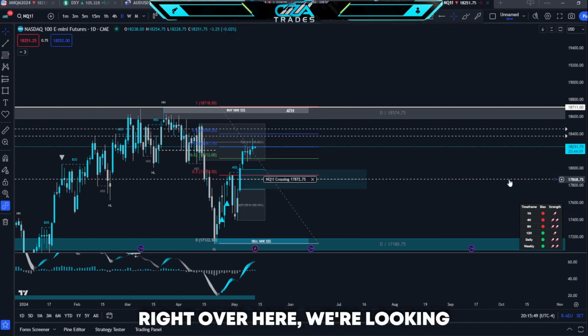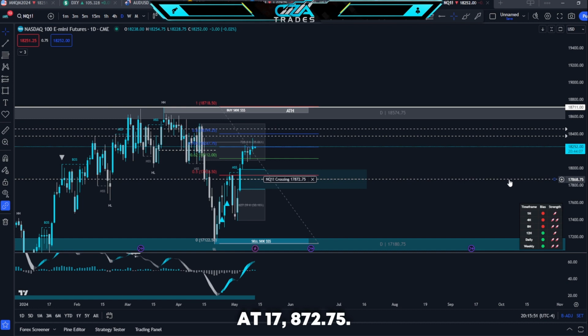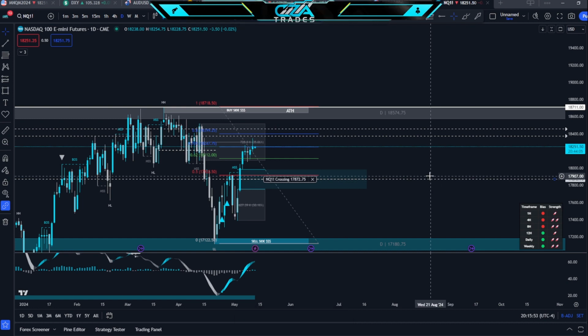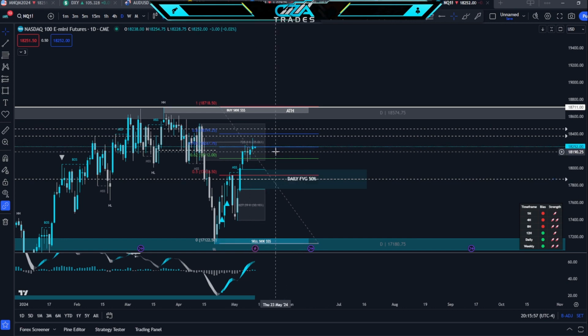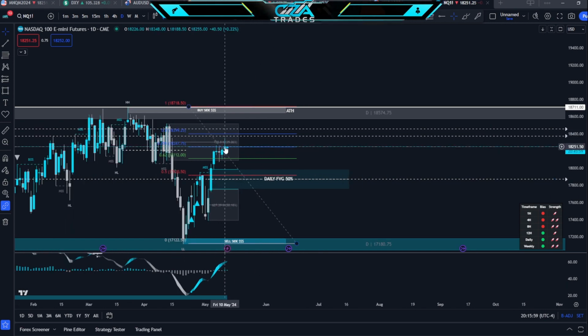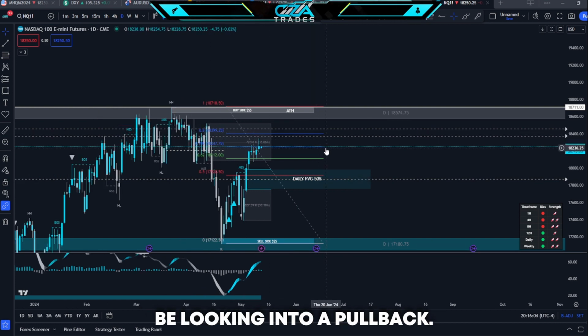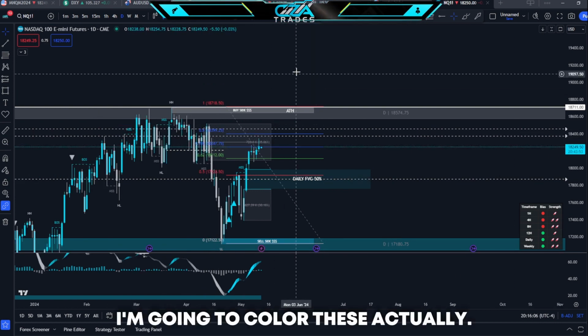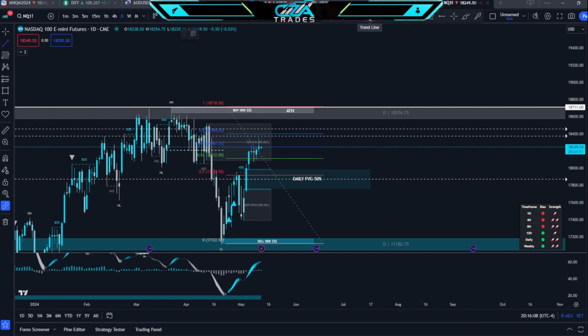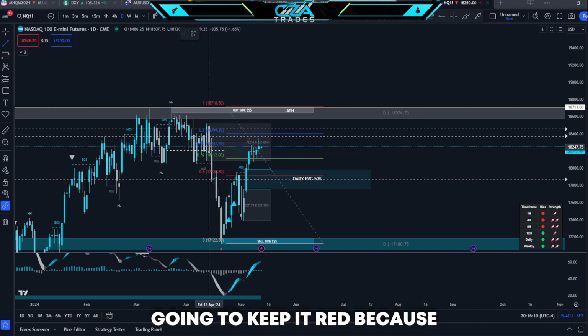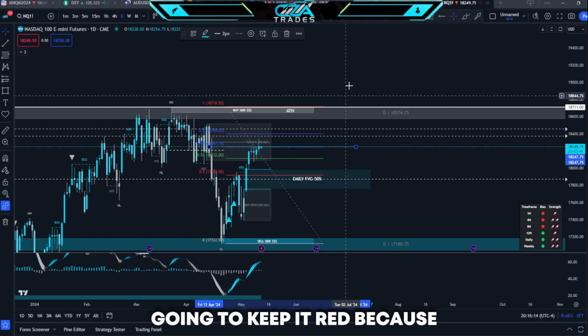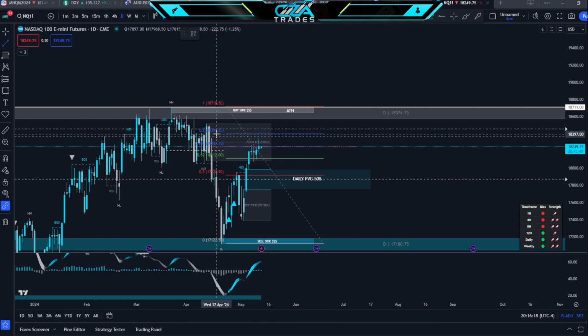If you want to set your alerts, right over here, we're looking at 17872.75. These areas right over here are areas that we want to be looking into for a pullback. I'm going to color these. Trend line. I'm going to keep it red because I'm going to be looking for shorts.